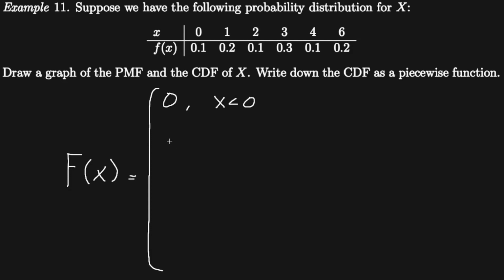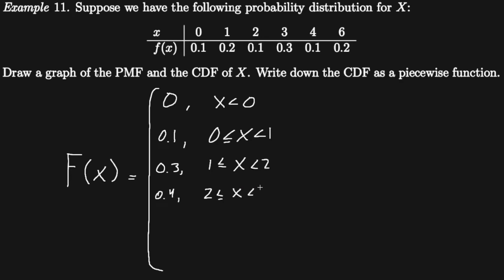First we can start off with 0, for x less than 0. 0.1 is for 0 less than or equal to x less than 1. 0.3 would be represented as 1 less than or equal to x less than 2. 0.4 would be 2 less than or equal to x less than 3. 0.7 is 3 less than or equal to x less than 4. 0.9 is for 4 less than or equal to x less than 6, and then 1 is for x greater than or equal to 6.